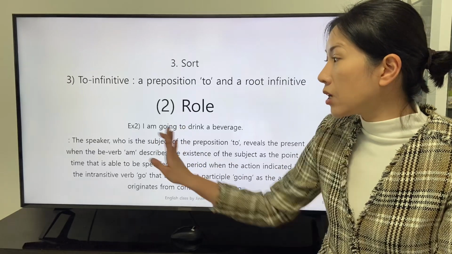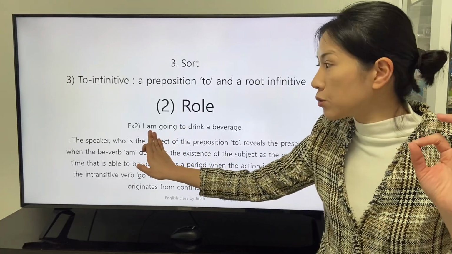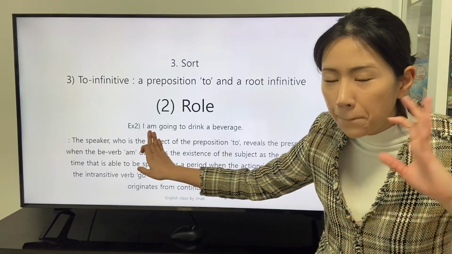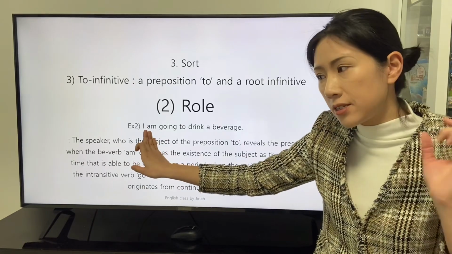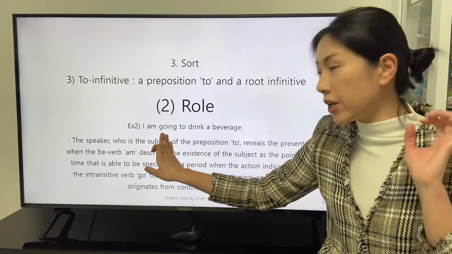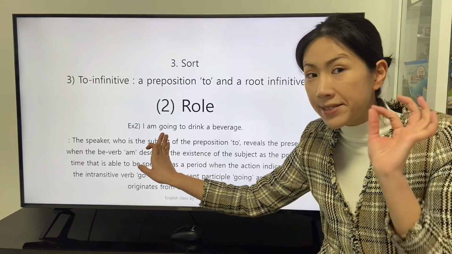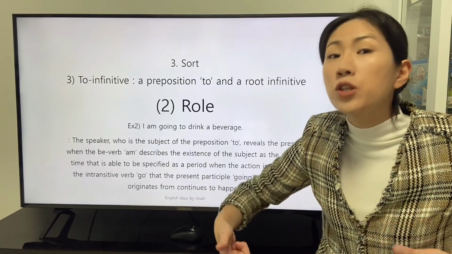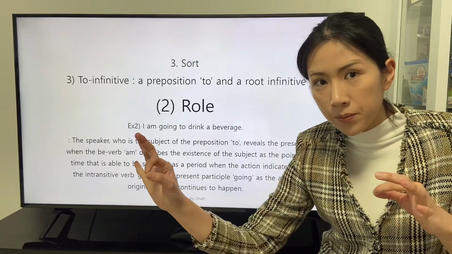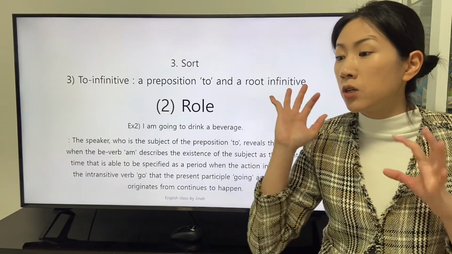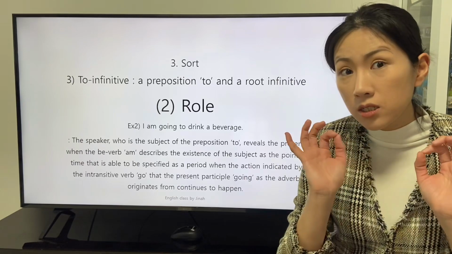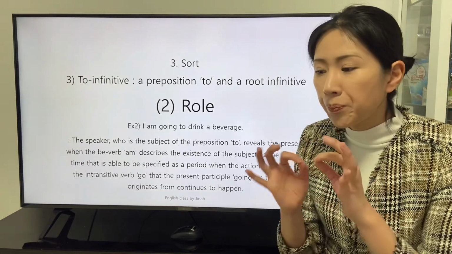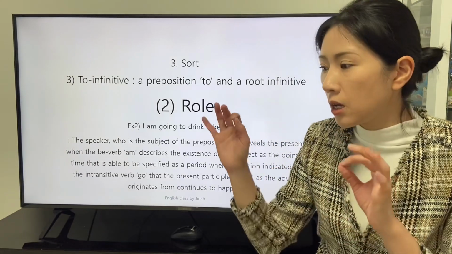The be-verb am describes the present of the speaker, as the action indicated by the intransitive verb go continues to happen. So the speaker wants to emphasize that the action of the speaker continues to happen.